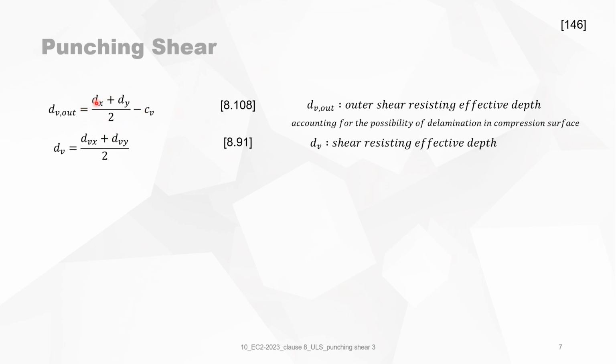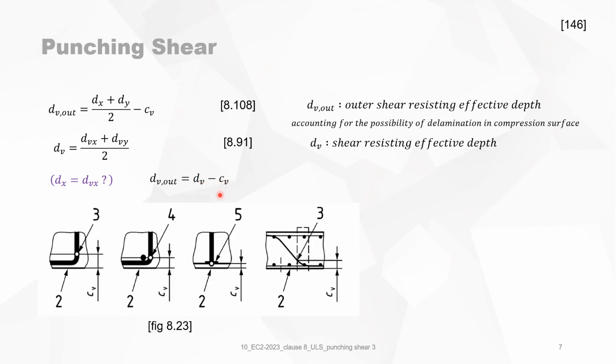Formula 8.91 gives a definition of dv, and it's equal to dv in the direction of x and dv in the direction of y divided by 2, the mean of it. But in Formula 8.108, they talk about dx and dy. This is not defined. So I suppose that this should be read as dvx plus dvy. Assuming this, then you will see that dv,out is equal to dv minus cv.